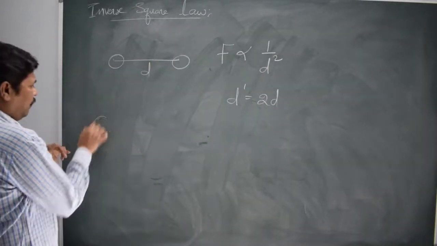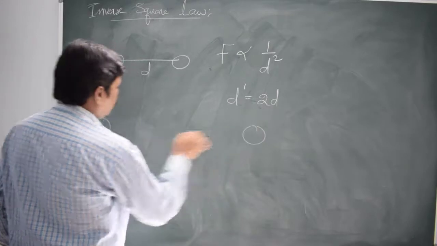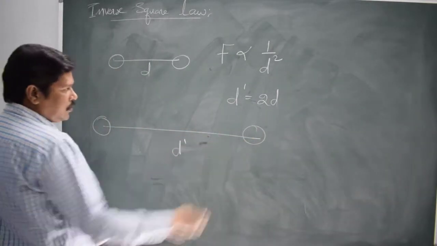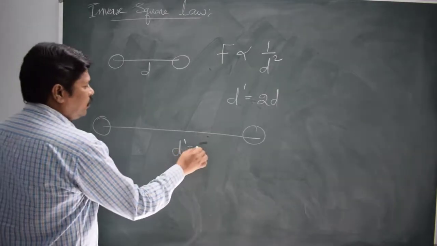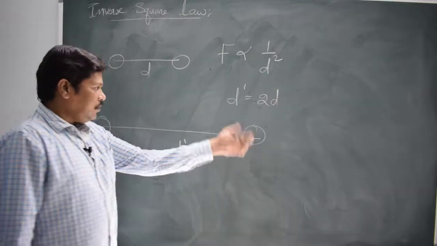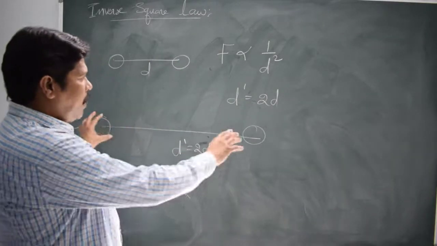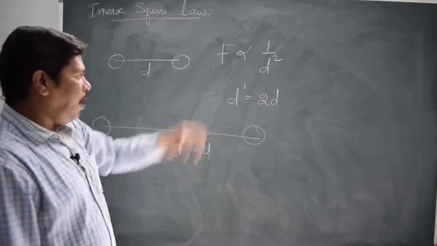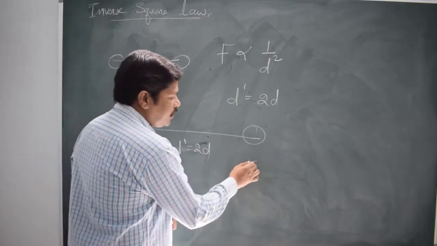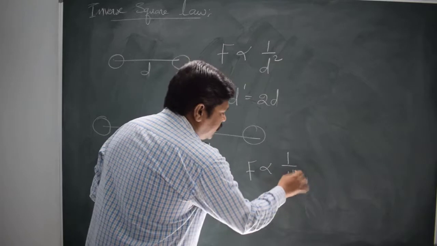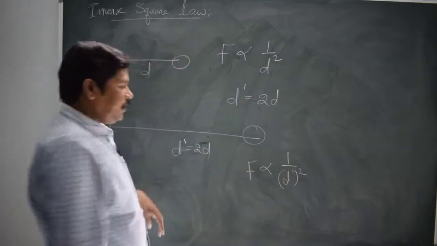If we double the distance between these two bodies, the new distance d prime is equal to 2 times the original distance. Masses we are not going to change, but how is the force of attraction related? F is inversely proportional to d prime square, the new distance between them.